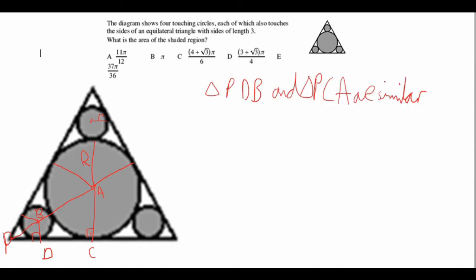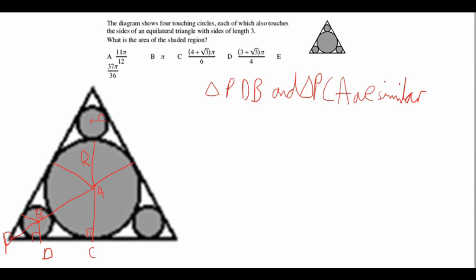And how do we know that? Well, both of these triangles contain the exact same angles. They both have a right angle, they both share the angle BPD, and because the angles in a triangle add up to 180 degrees, the third angle in both triangles must also be the same. So therefore, we can show that PDB and PCA are similar.